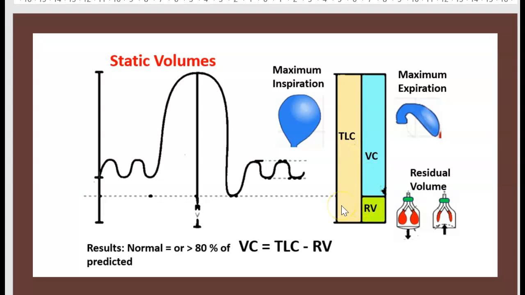That's it. We need only 3 parameters to determine the static function. I repeat, total lung capacity, residual volume, and vital capacity.